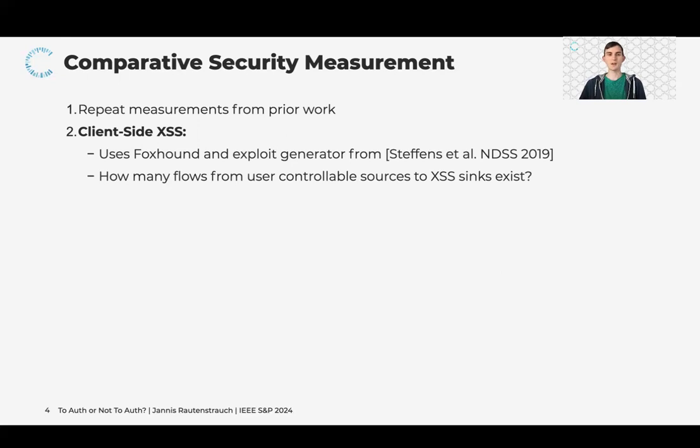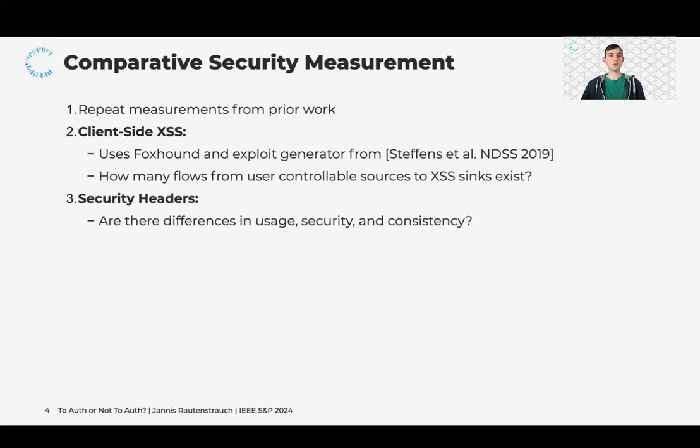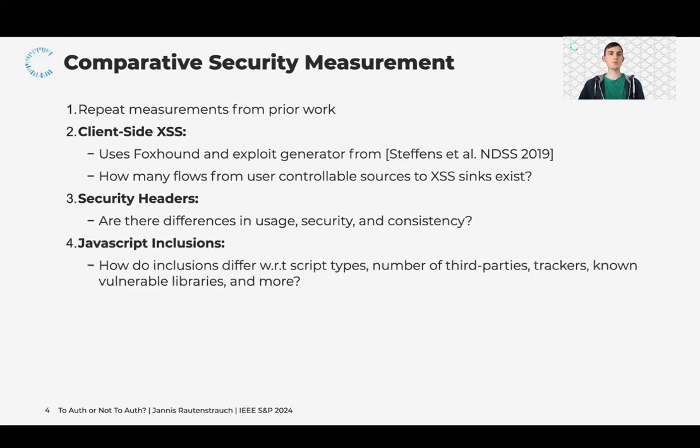We also want to look at security headers such as X-Frame-Options or CSP. Are there any differences in the usage, security, or consistency in the usage of these headers between the two states? Also, we want to investigate JavaScript inclusions. Do logged-in users see more JavaScript or less JavaScript?